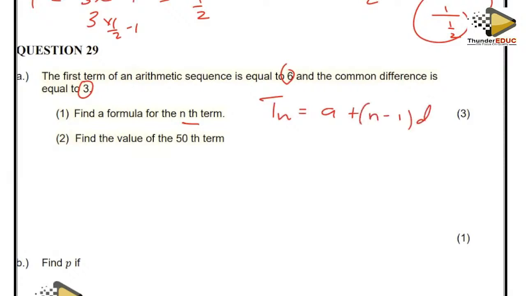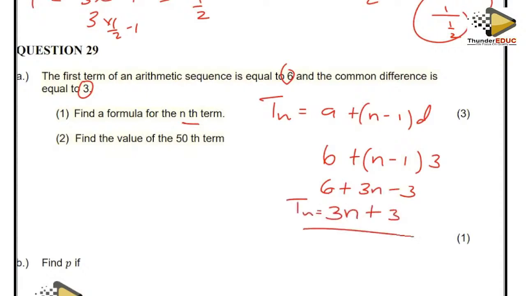Just substitute. Say 6 plus n minus 1, the difference is 3. Open up this: 6 plus 3n minus 3. So when you simplify, you're going to get 3n plus 3. That's what they wanted. Then they want the value of the 50th term, T50. Going to be 3 times 50 plus 3, and that is 153.